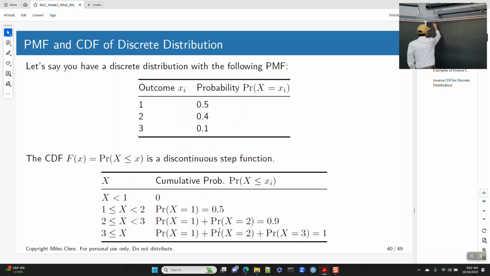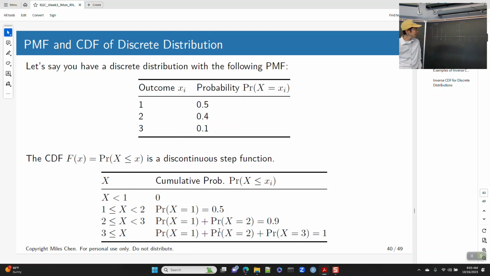Okay, and then what does the CDF look like? So here's our PMF. Our CDF, okay, basically we can go from 0 to 1 to 2 to 3. This will have a maximum value of 1. All right, so between 0 and 1, anything less than 1, the CDF is 0.